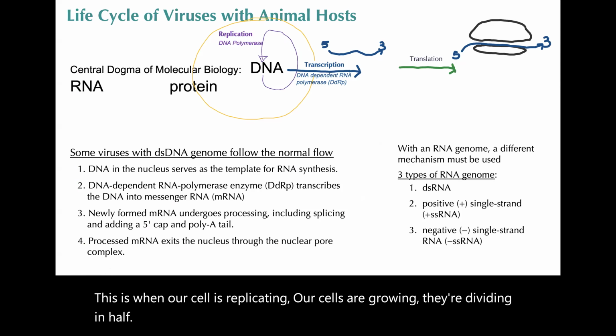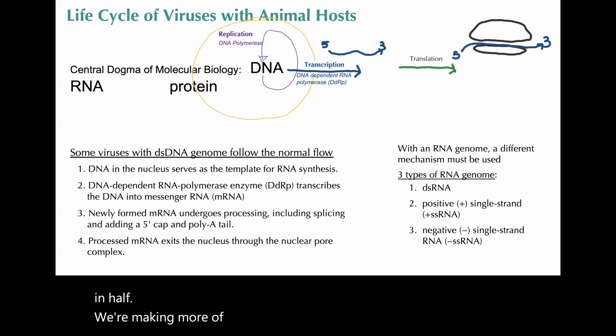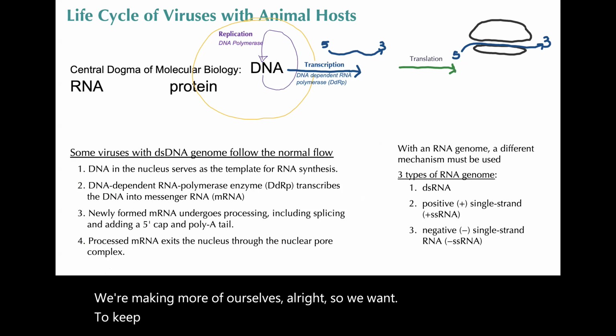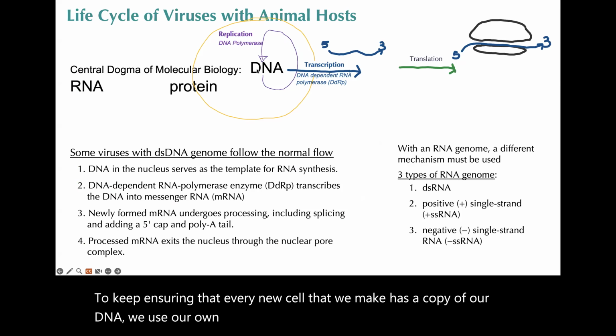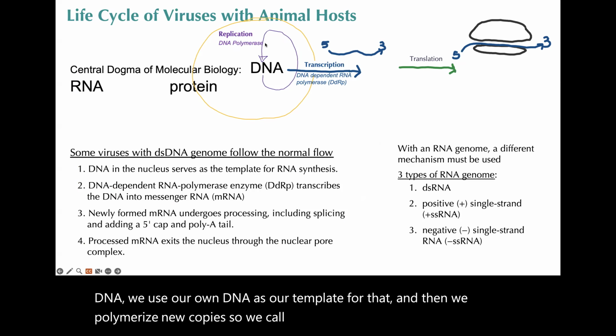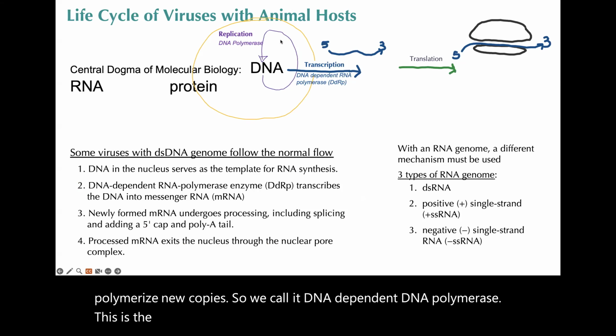We're making more of our cells, all right? So we want to keep ensuring that every new cell that we make has a copy of our DNA. We use our own DNA as our template for that, and then we polymerize new copies. So we call it DNA-dependent DNA polymerase. This is the replication cycle going on in the nucleus.